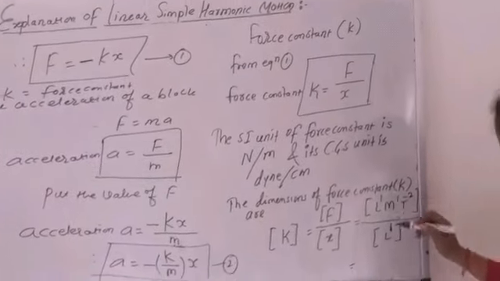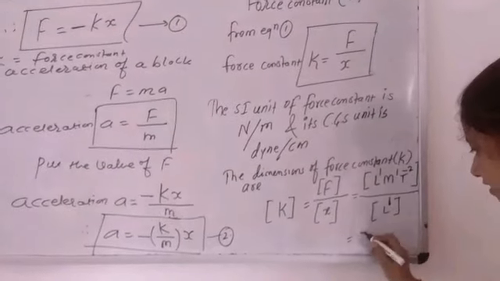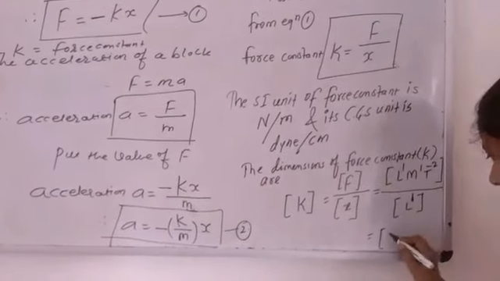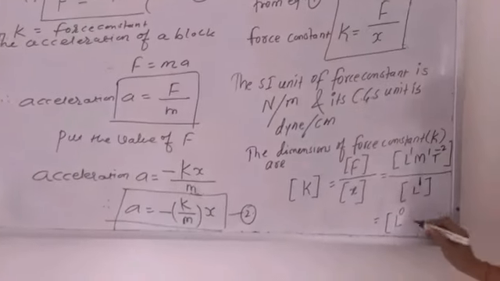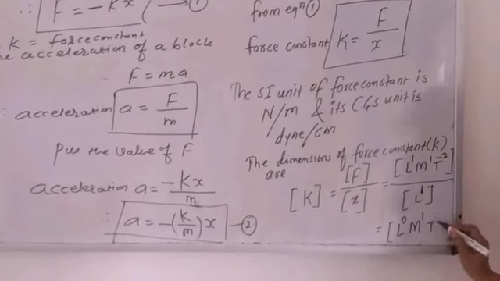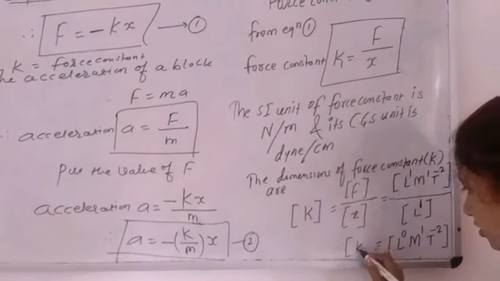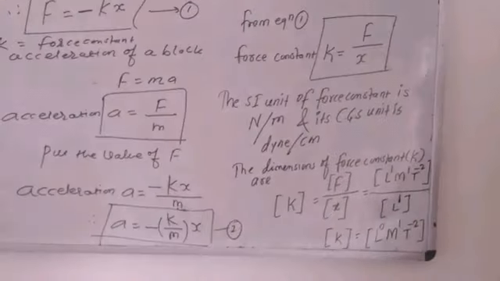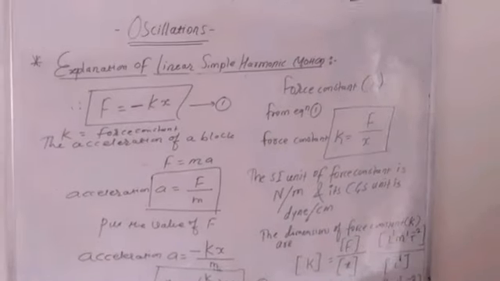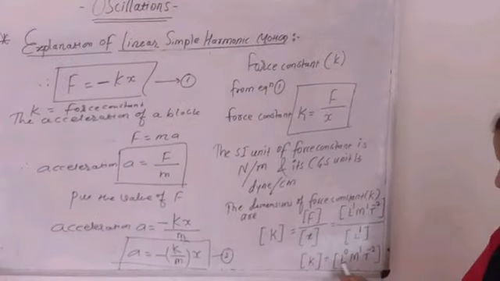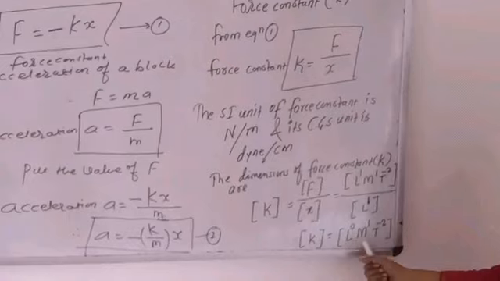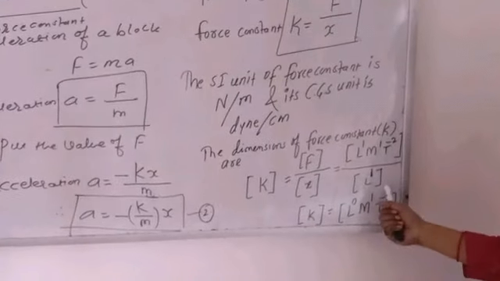Now L1 minus 1 is L0, so we get L0 M1 T minus 2. These are the dimensions of the force constant.